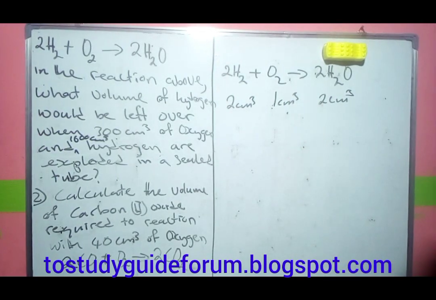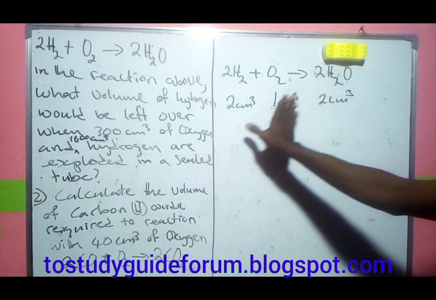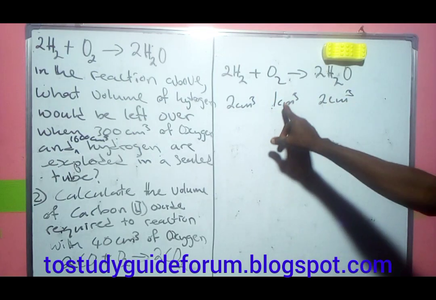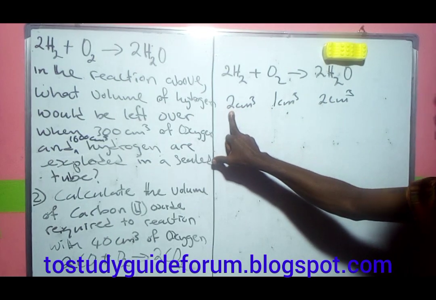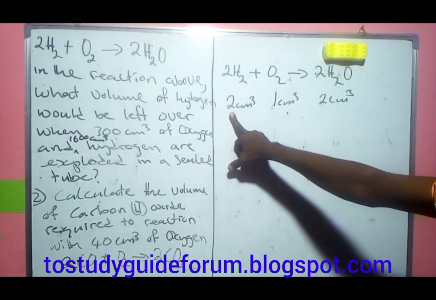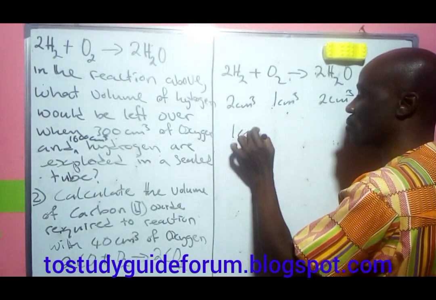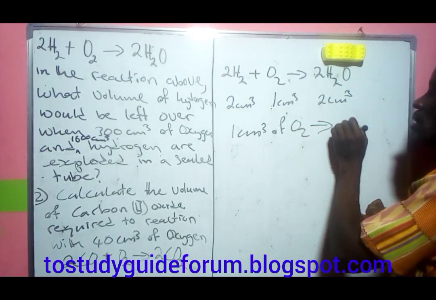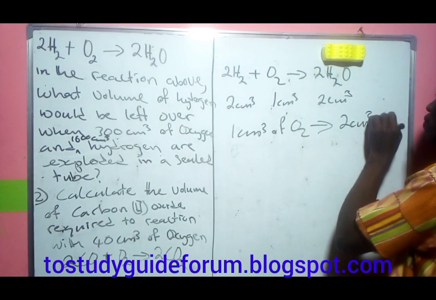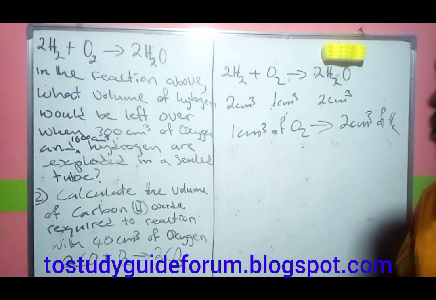So having this in mind, from this balanced chemical equation, it means that 1 cm³ of oxygen will combine with 2 cm³ of hydrogen.